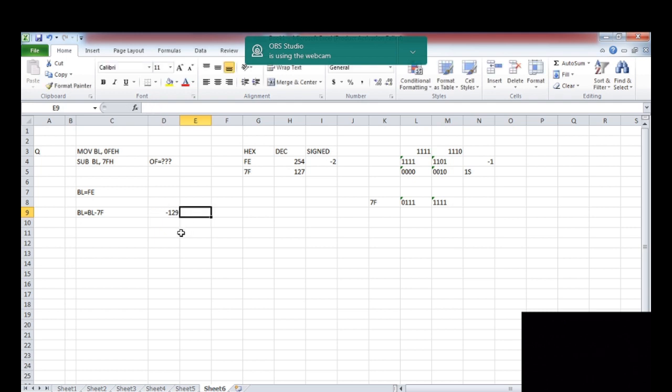The result will be minus 129. So this is not in our range. Our range is from minus 128 to plus 127, and the result of this operation is minus 129. It is out of our range, so the overflow flag will be 1.